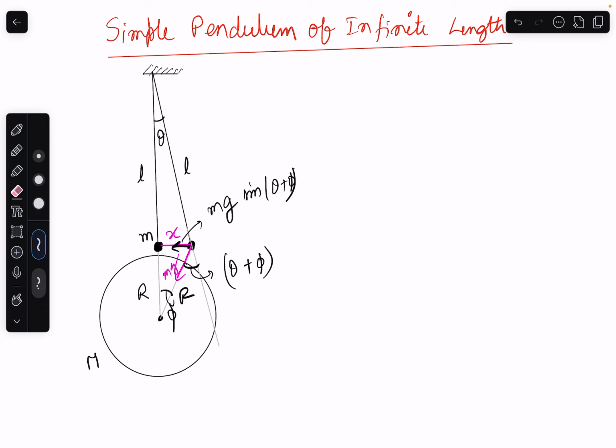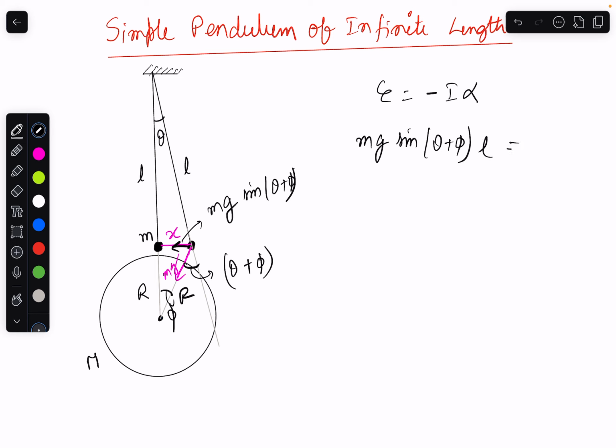So we can write that the restoring torque, which is I alpha in magnitude, and there should be a minus sign because it is a restoring torque, and the magnitude will be mg sine theta plus phi multiplied by the length L, and this should be equal to negative of the moment of inertia of this small bob, which is m L square about the point of suspension, into angular acceleration alpha.